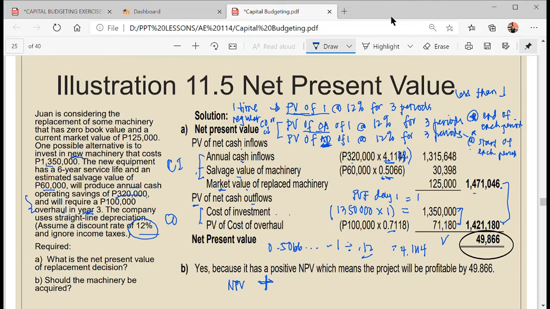The project is okay. By the way, why do we need to compute the present value, ma'am?